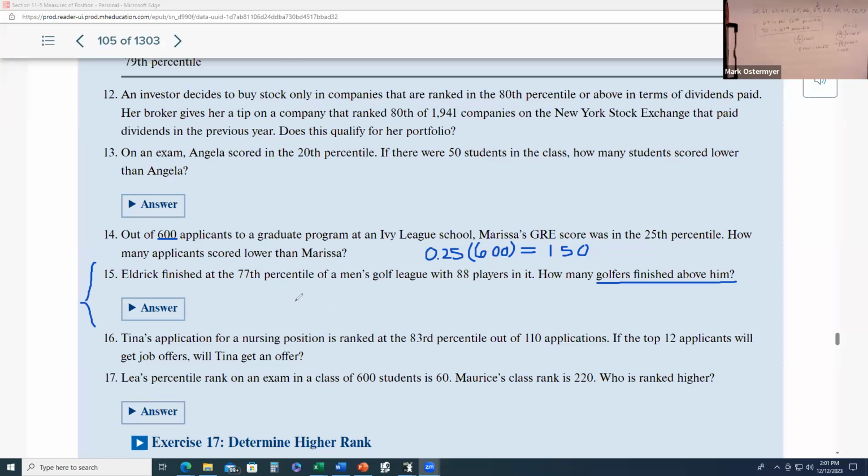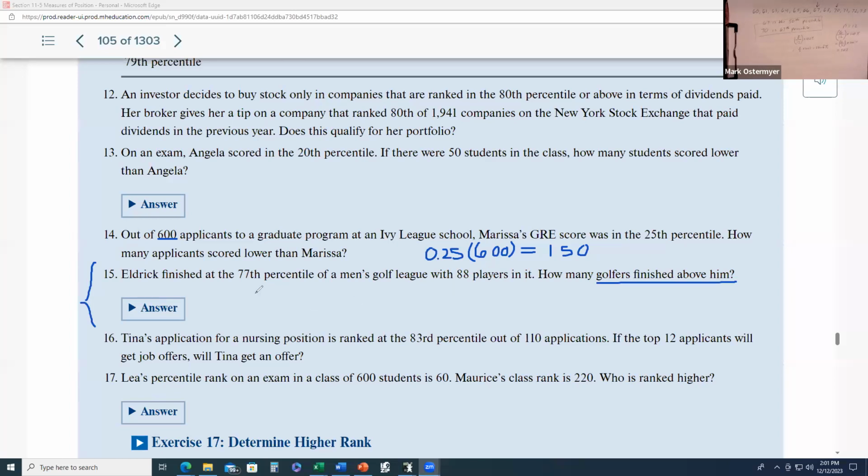All right, so if you finish in the 77th percentile, that means 77% of the golfers finished with a score worse than yours. And that means what percent finished above you then? Would that be about 23% finished above you?